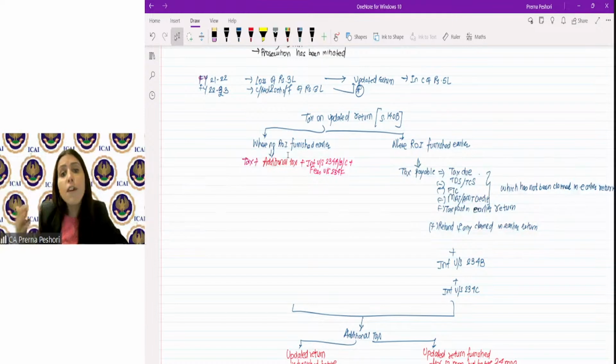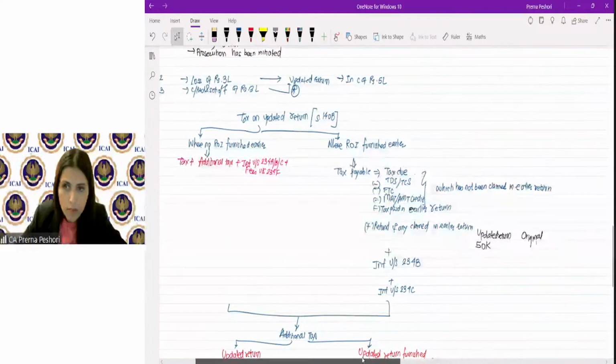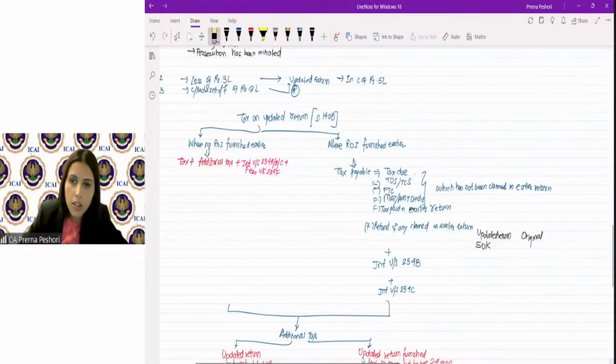But let's say, for example, I have already furnished the return of income, and my tax payable comes to 50,000 in the updated return.